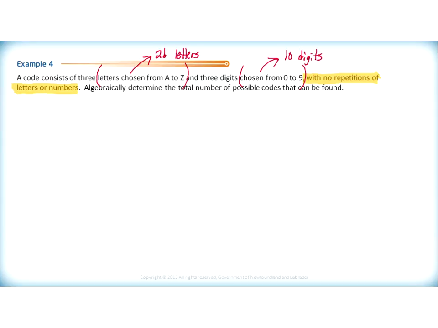So if we write it as a permutation, we have 26 letters, and from them we will permute 3. Using the fundamental counting principle, we will multiply that by the number of possible digits. So we will have a total of 10 digits, and we will permute 3 of those from that 10. You multiply these together, and this would be a calculator exercise again.